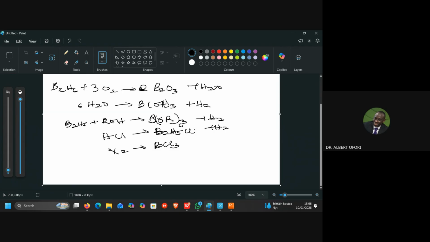Again, we can see it can react with metals like sodium. So diborane reacting with that will form sodium borohydride. And of course, sodium borohydride, if you add iodine to that, you can prepare the diboranes again. And that sodium borohydride can also react with the diboranes, and the reaction continues as well.